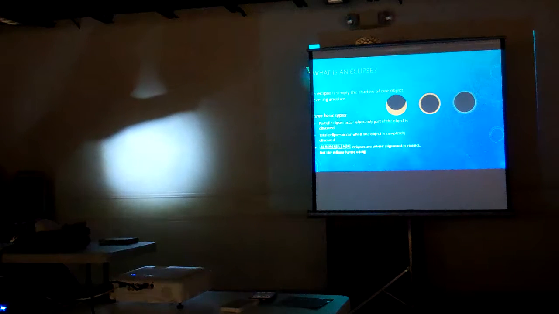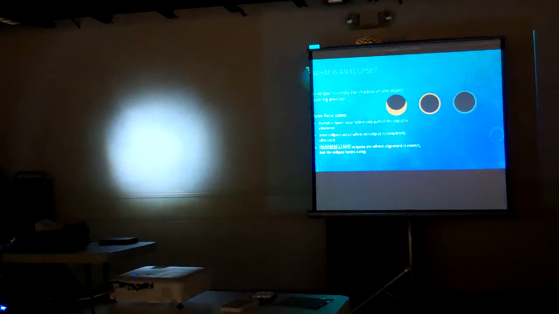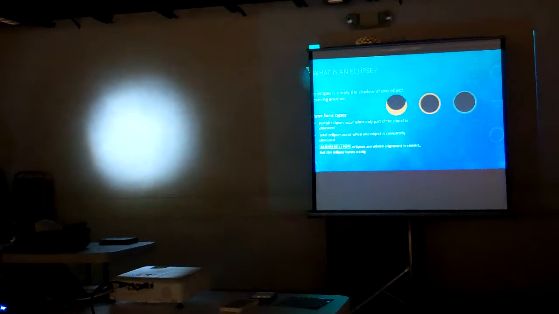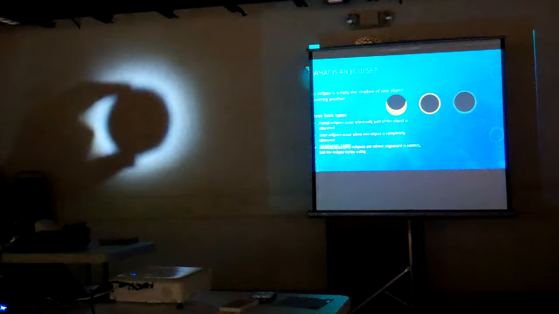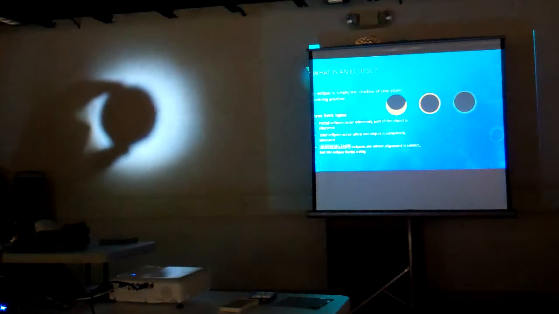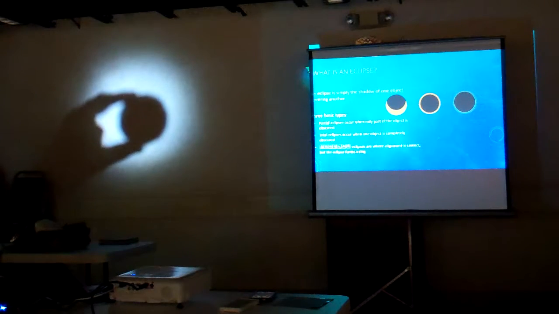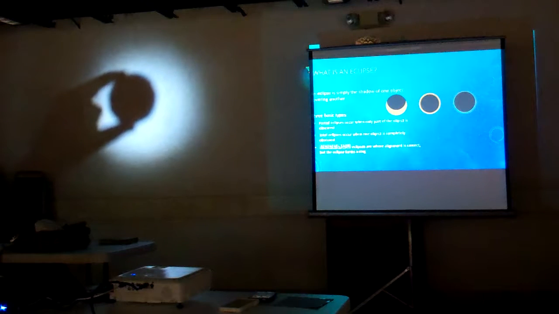Now the eclipse that we're going to be seeing in about 6 weeks will also begin with a partial eclipse as the moon moves in front of the sun. Then, as it comes right in front of the sun, we have something that we can call an annular eclipse, which means that the moon is centered in front of the sun, but there's still a lot of light coming around.